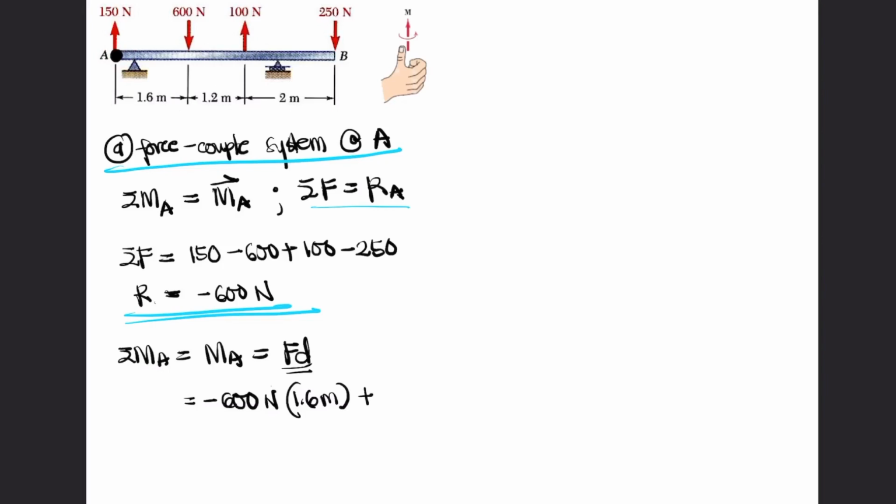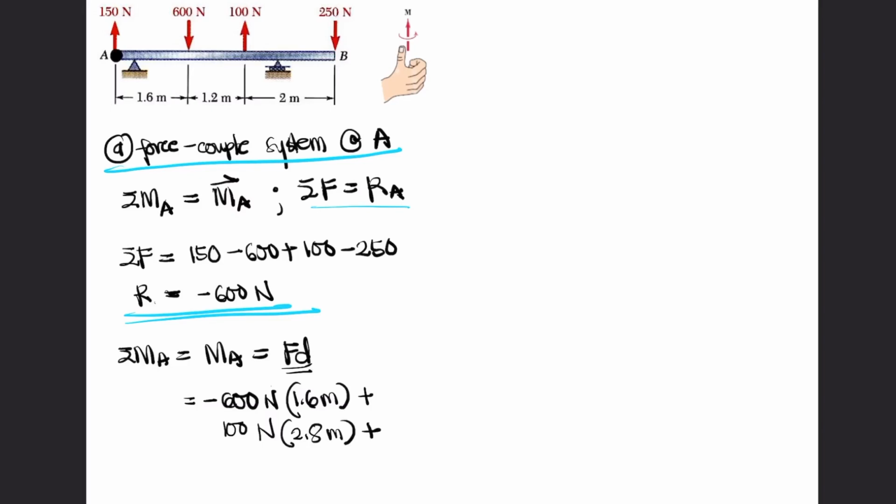So plus 100 newtons times the perpendicular distance of 100 to point A, which is equal to 2.8.